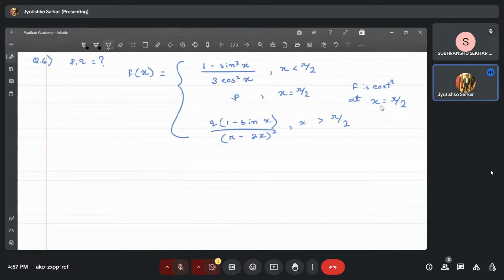Now here also for x less than pi by 2 and x greater than pi by 2, we have to compute the left hand limit and right hand limit.